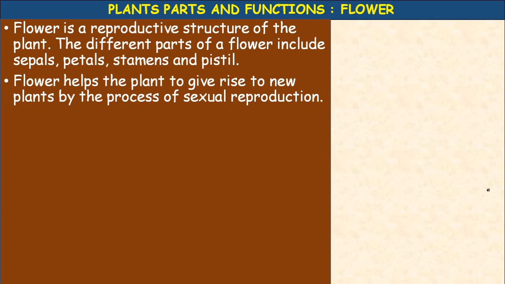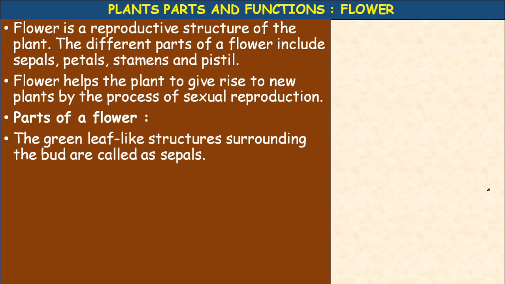So previously, in the subaerial stem modifications, we have seen some vegetative propagations: suckers, runners, stolon, offset. But here the flower is the most important part designed for sexual reproduction. Most of the plants prefer sexual reproduction with the help of flowers. Parts of a flower.